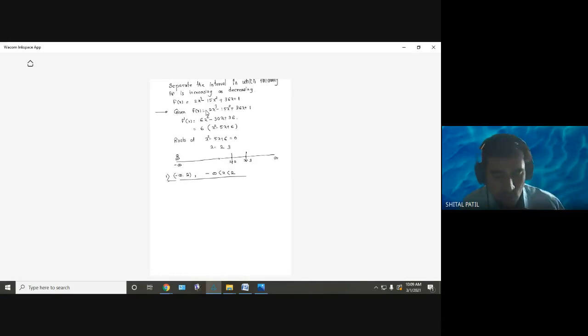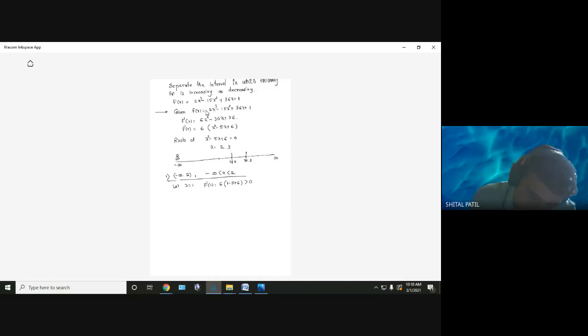Now see what happens to the f dash of x in this interval. So take any value of x between minus infinity and 2. Let x equal to 1 and see what is f dash of 1. F dash of 1 equal to 6 into 1 minus 5 plus 6. Positive? Yes, sir.